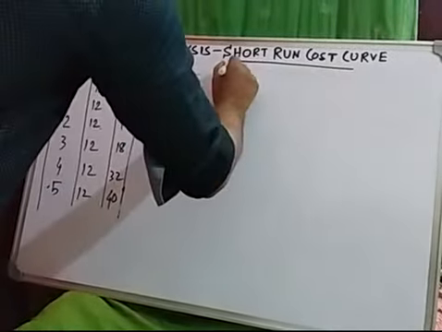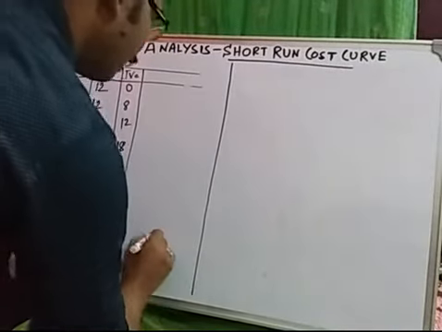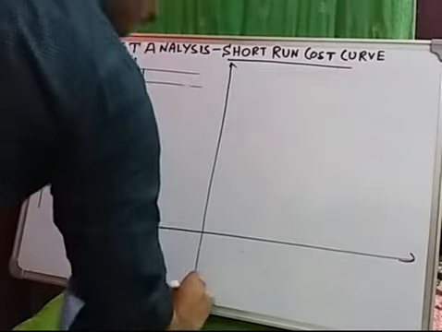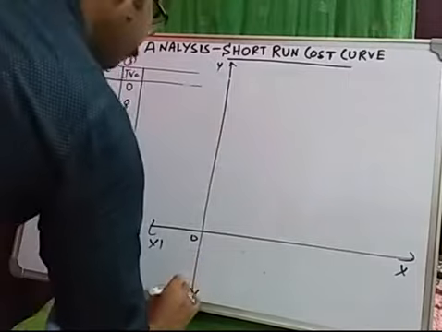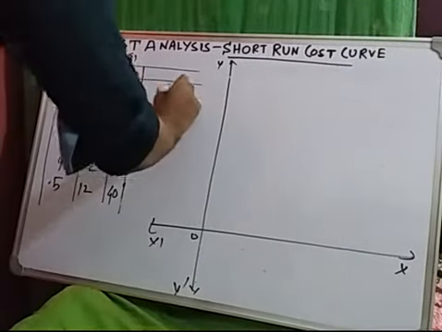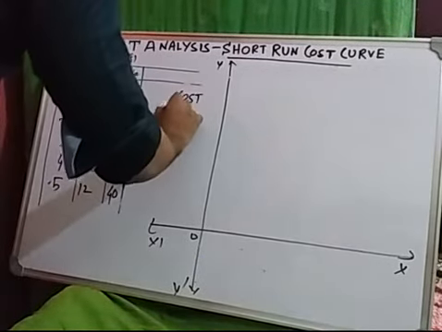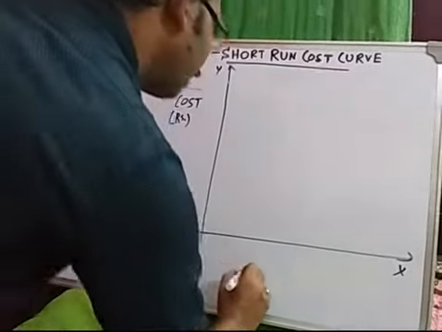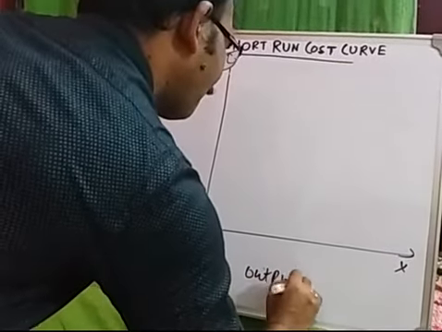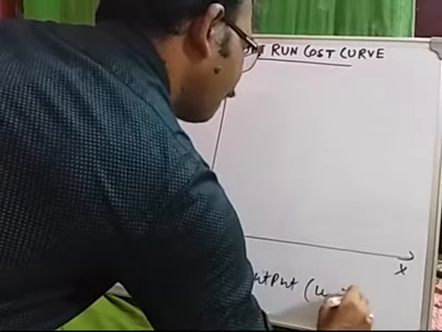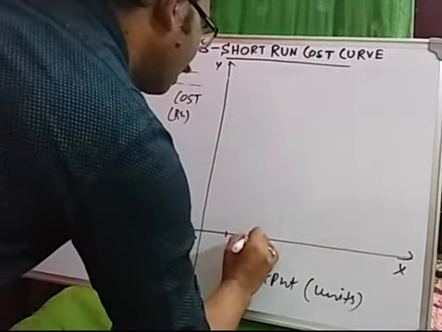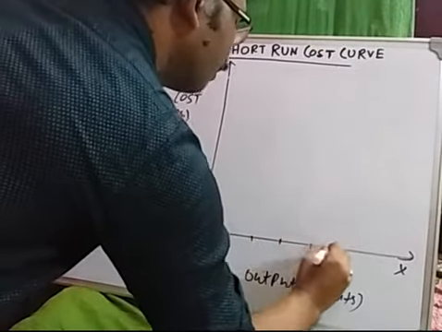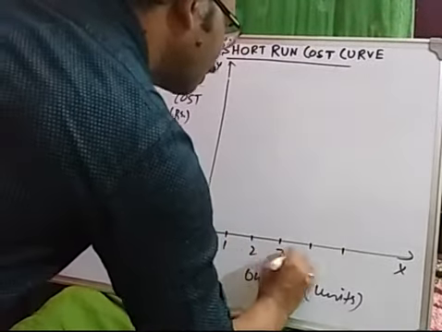Now if you plot the data in the two-dimensional graph, you can automatically get the TVC curve. Here I am denoting cost in rupees and here output in units, producing up to 5 units: 0, 1, 2, 3, 4, 5.